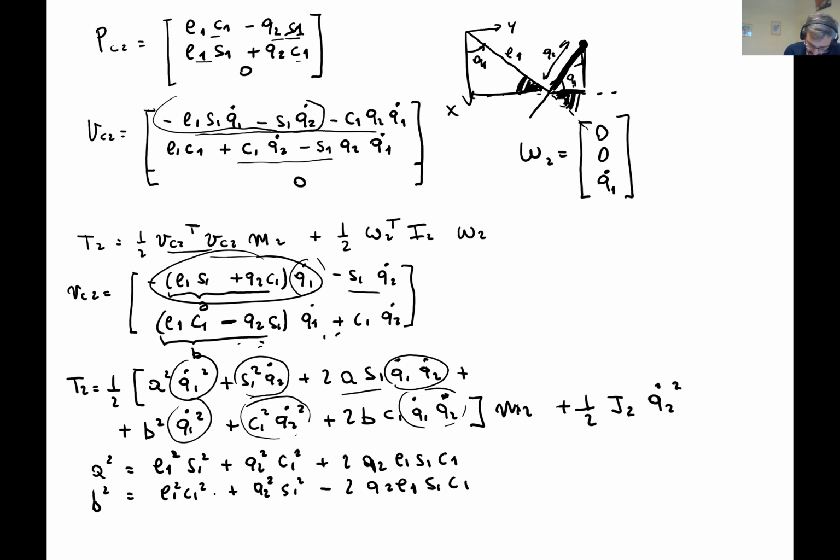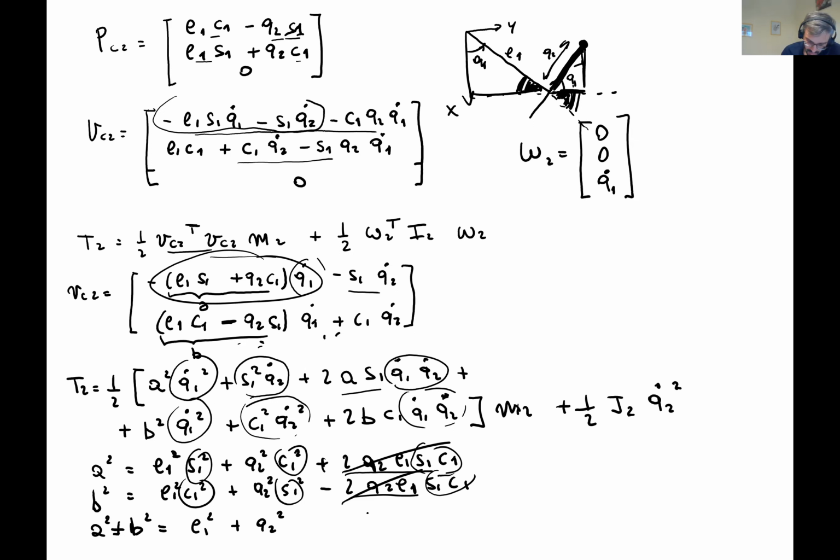There are quite some simplifications. In A squared plus B squared, the sine and cosine squared terms go to 1, and the double products are the same with opposite signs and cancel each other. So in essence we have L1 squared plus Q2 squared.